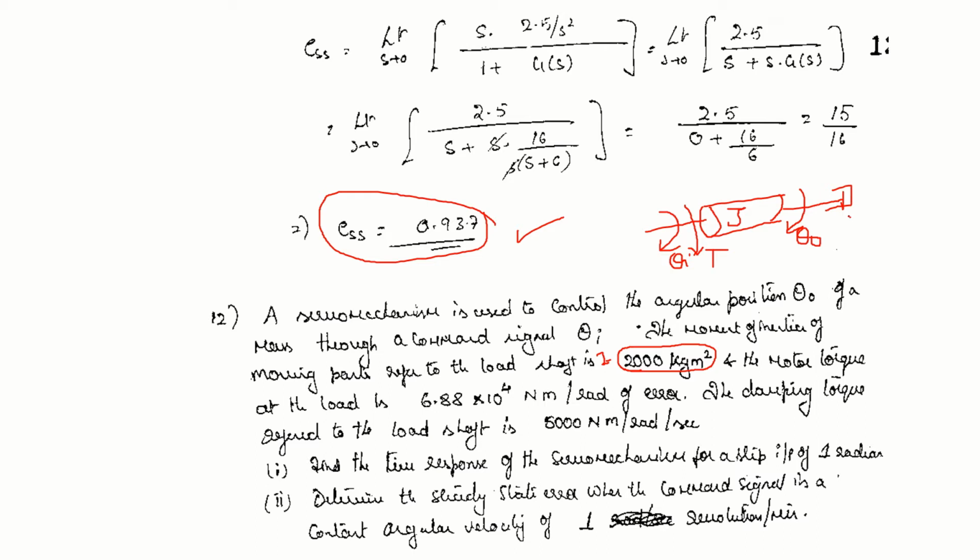This is damping torque, say C of t or F of t. Find the time response of the servo mechanism for a step input of 1 radian. Determine the steady state error when the command signal is a constant angular velocity of 1 revolution per minute.